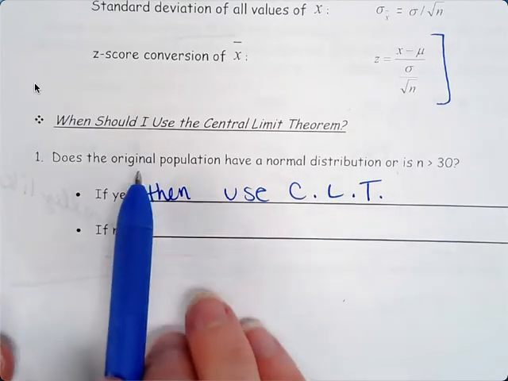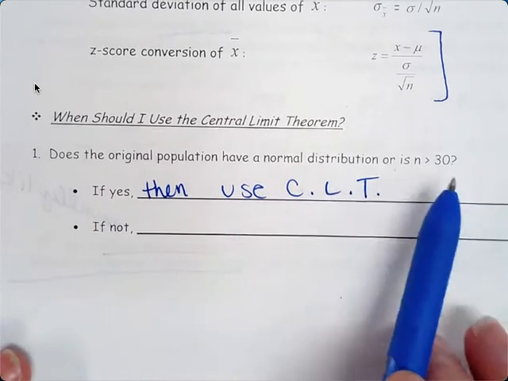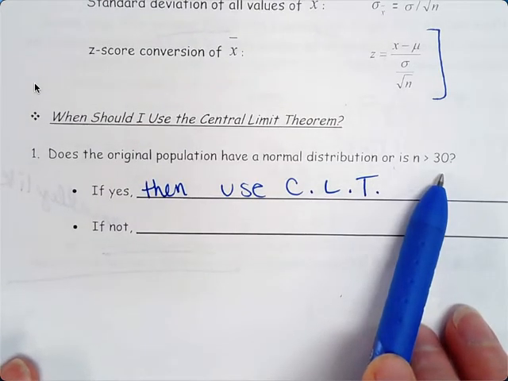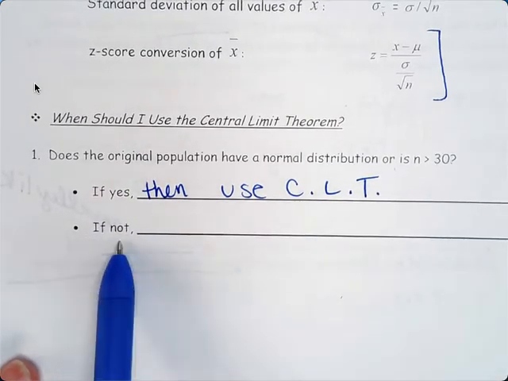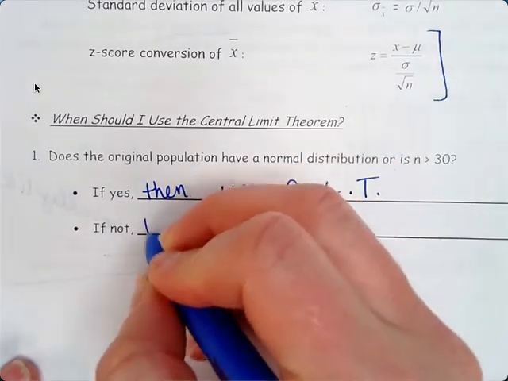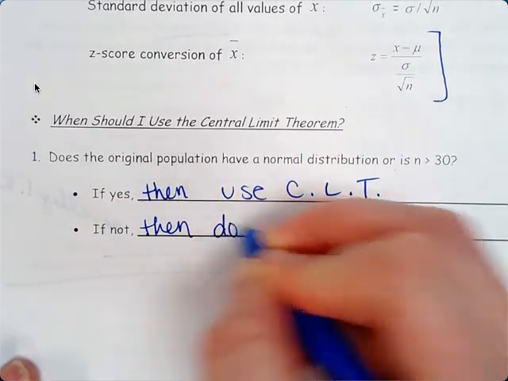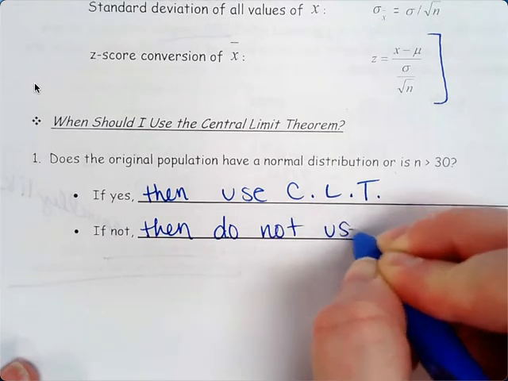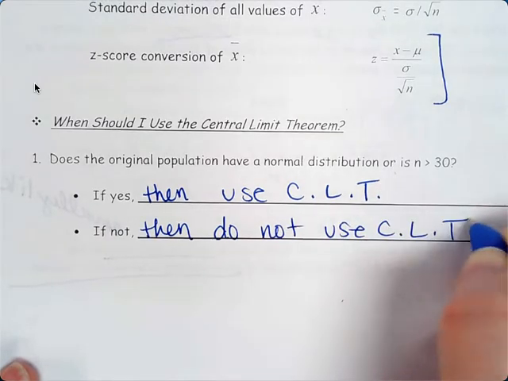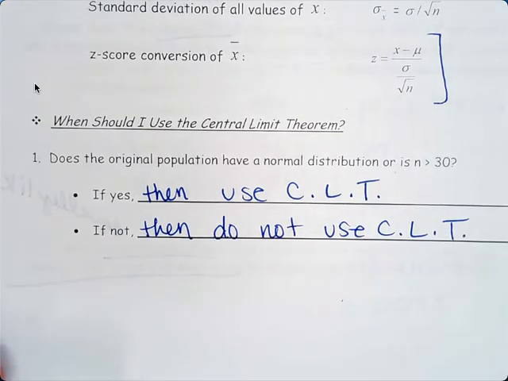So it's saying if the original population is a normal distribution or n is greater than 30. If not, then do not use it. That is something you have to check before you can use the central limit theorem.